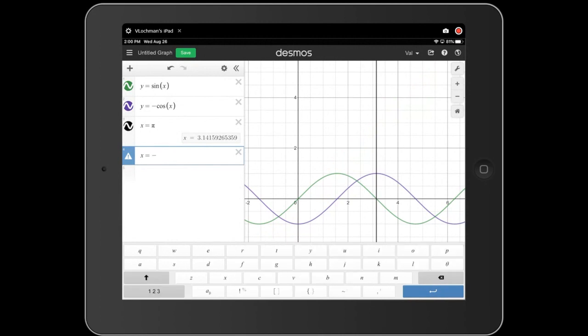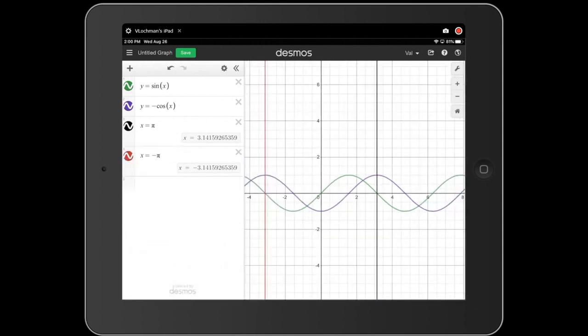All right, so that's what we get here. We would like to find the area bounded by these curves.